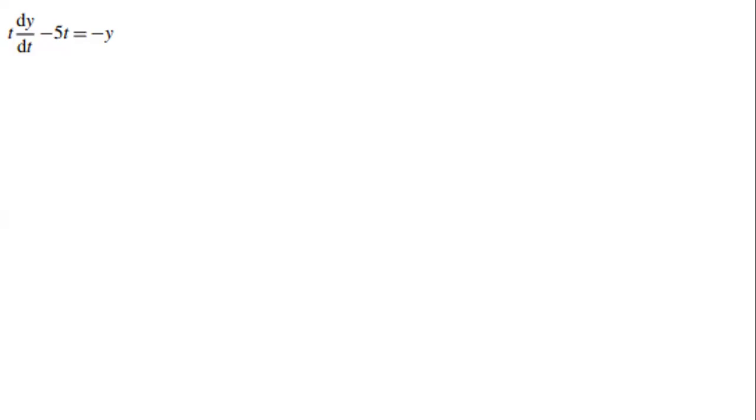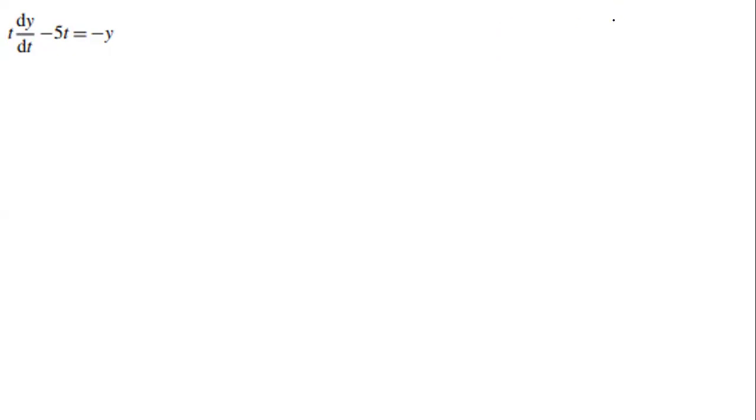So that means, can we work with linear? So this is not the standard form, okay? Number one, dy over dt is multiplied by t. It's not it. So try to rewrite it in a standard form.